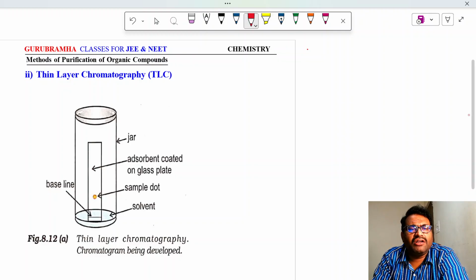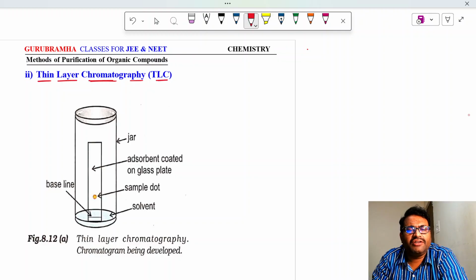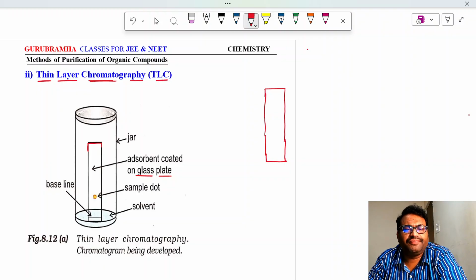Now we are looking into thin layer chromatography. What is that? Thin layer chromatography. In this thin layer chromatography, see, a glass plate is taken. This is the glass plate. We are taking a glass plate.